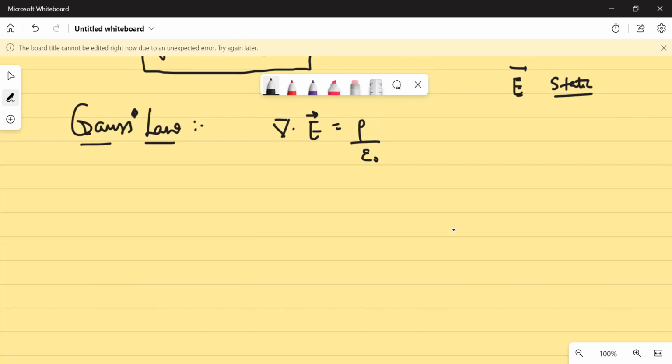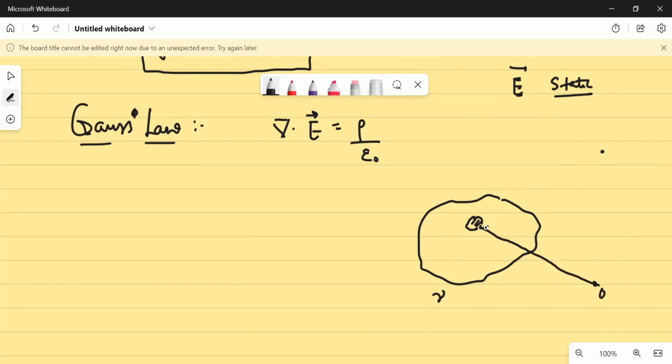Is that clear? So for example, let's say this is my arbitrary volume, and a charge, and because of this arbitrary volume I want to write my potential at this particular point. Let's say this is my origin from where things are being referred.